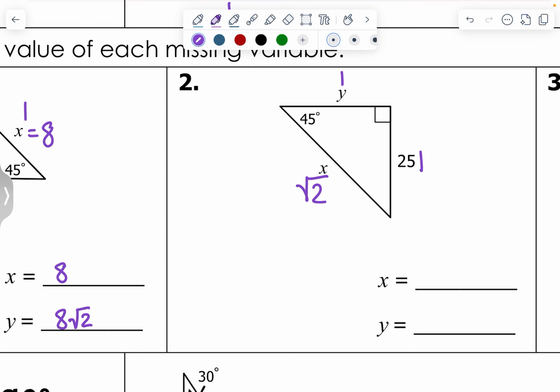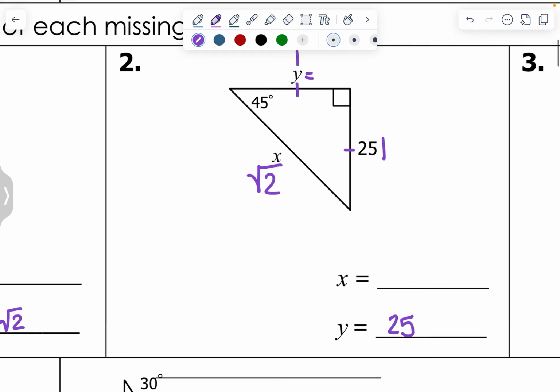All right. So again, the legs in a 45, 45, 90 are congruent. So if the legs are congruent, we should see pretty quickly that y is what? Hopefully you said that y is 25. So that's solved for. Let's look at x.